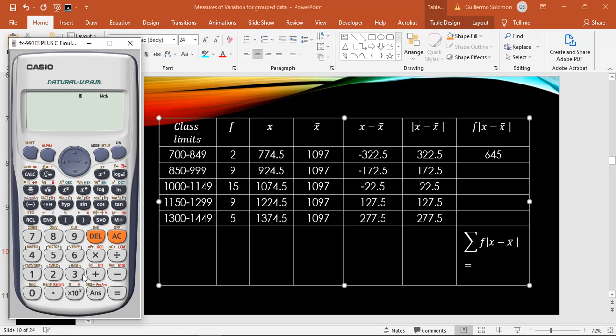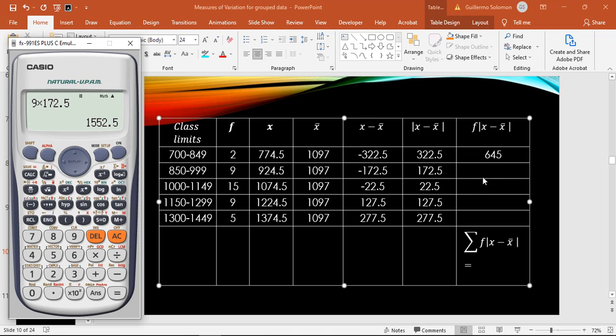Ganun lang kadali si mean absolute deviation and the rest of the measures of variation. Okay? Ang maano lang, maproseso lang talaga siya. Okay? Kaya ingat din sa pag-inputs ng numbers. Kaya minsan baka ma-overlook kayo ng number, magkakamali na kayo ng value sa final answer nyo.